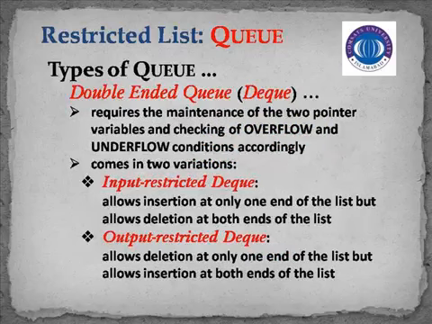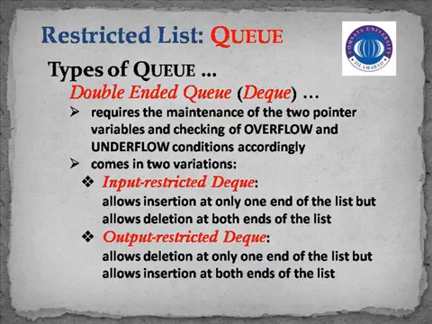Ladies and gentlemen, the double-ended queue also requires the maintenance of the two pointer variables and checking of the overflow and underflow conditions accordingly. It comes in two variations. The first variation is input restricted Deque, which allows insertion at only one end of the list but permits deletion at both ends of the list.